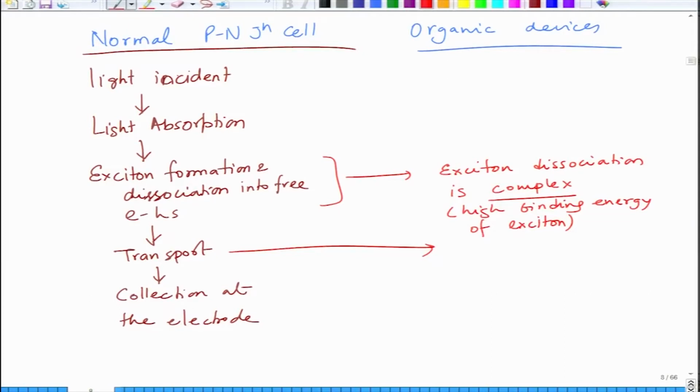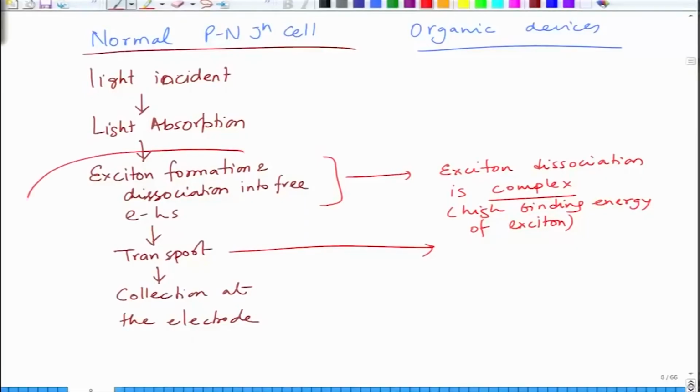So the exciton must dissociate into carriers before the carriers are recombined. The carriers must find the electrode before they recombine and form the exciton again. So these steps, exciton formation, dissociation and transport, are really critical in the case of organic solar cells, and this is what has been the focus behind the design of the present architecture of organic solar cells.